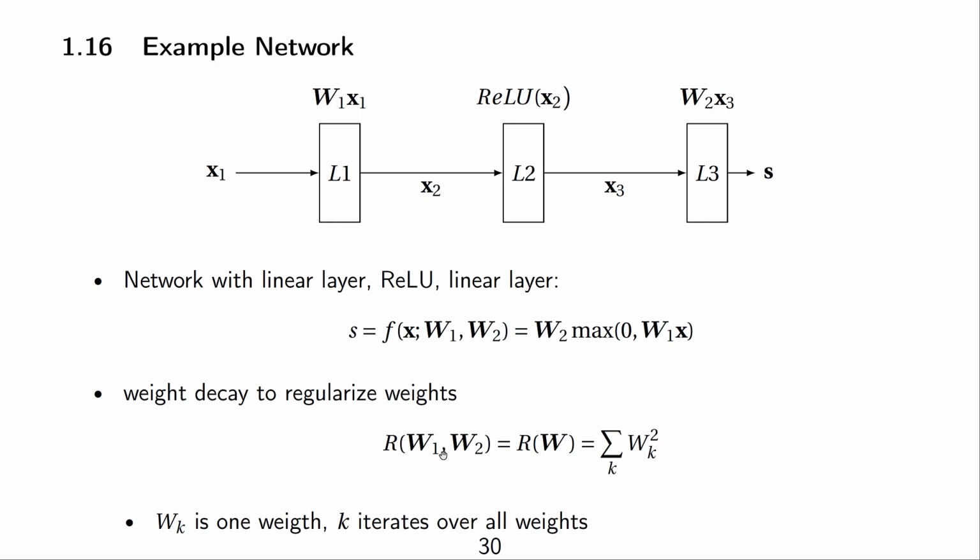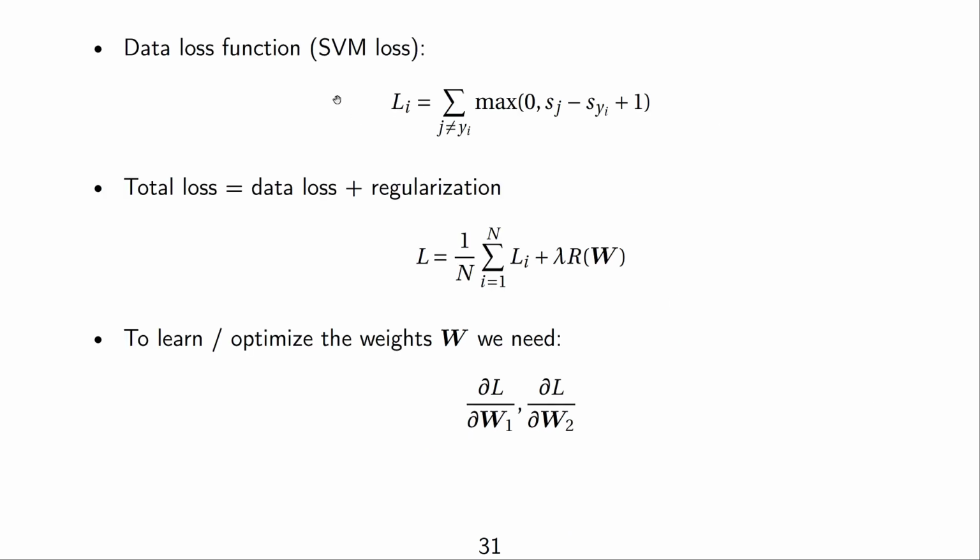Then we would use weight decay, where we have the regularizer on both the weights of W1 and W2. This W is just a simplified notation that contains both W1 and W2. So we have the parameters of these layers connected to the loss as well. Then we have data loss, maybe an SVM or hinge loss. So the total loss would be the data loss and the regularizer.